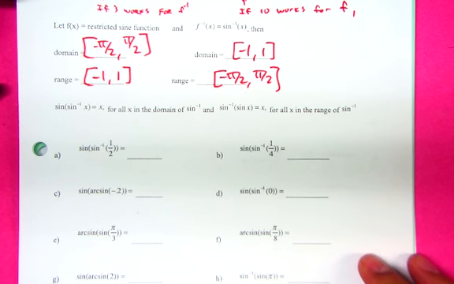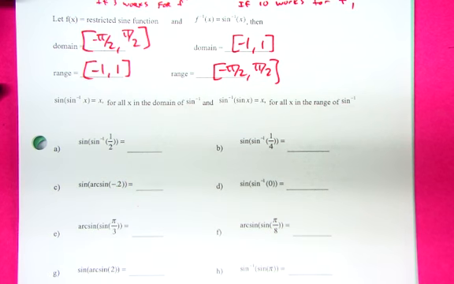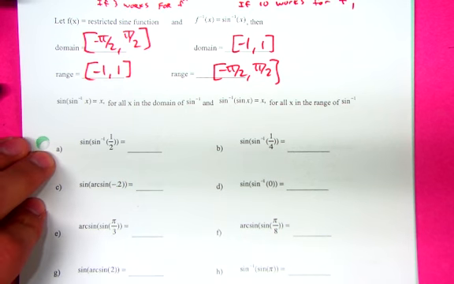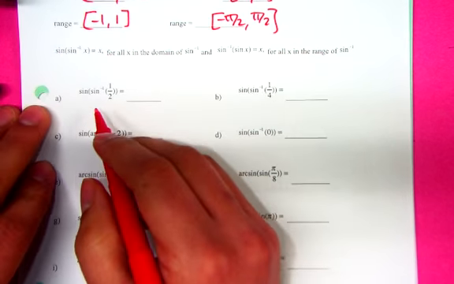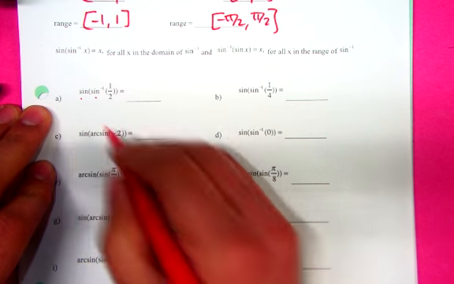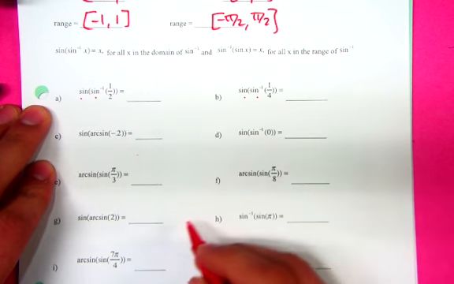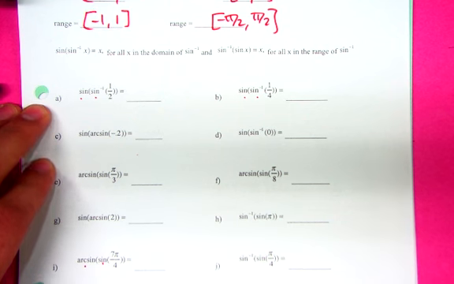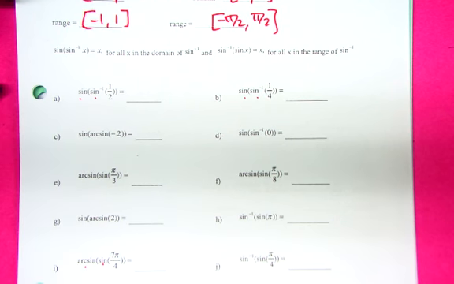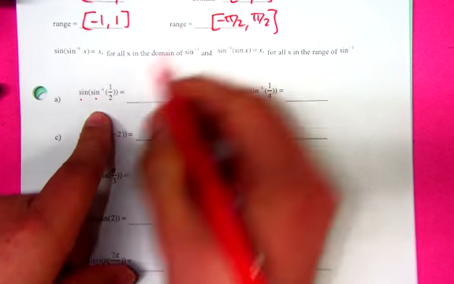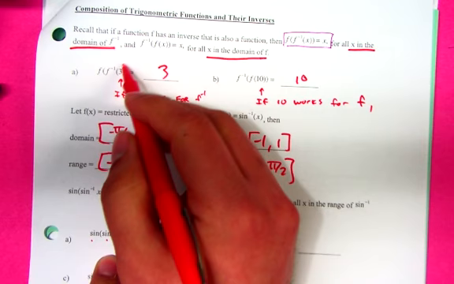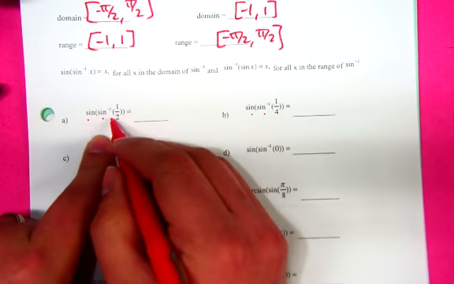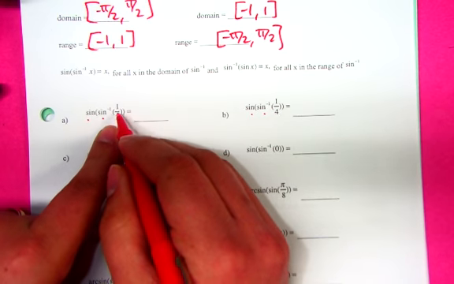Let's look at the first problem. In fact, this entire page, what do we want to happen if we have inverse original, or vice versa? What do we hope happens? That it just cancels and you get your answer, right? That only works, just like up here, if the inner function, you can actually plug in 1/2 into it.